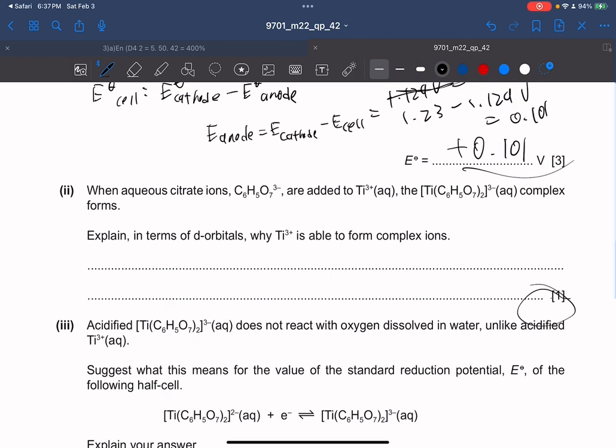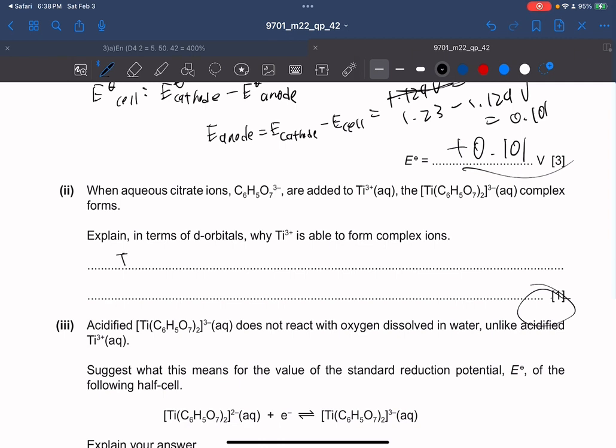That means electrons can be donated to those orbitals, and these orbitals are energetically accessible. If it's energetically accessible, it means it can bond easily without using a lot of energy. So basically, that's the answer.